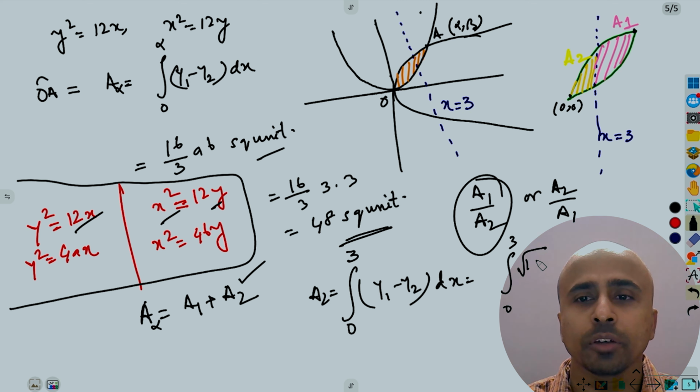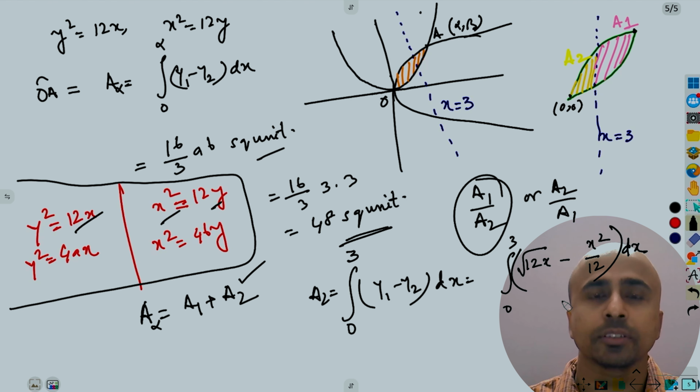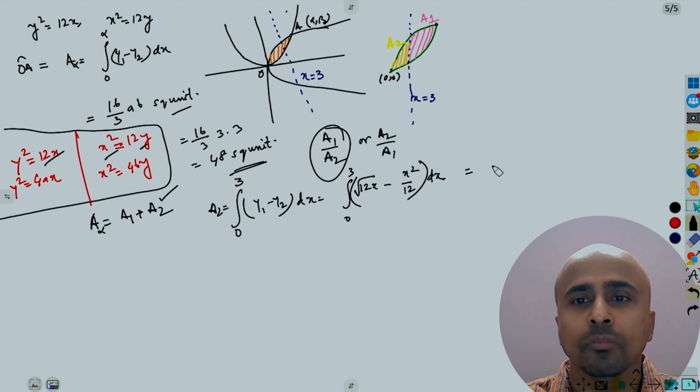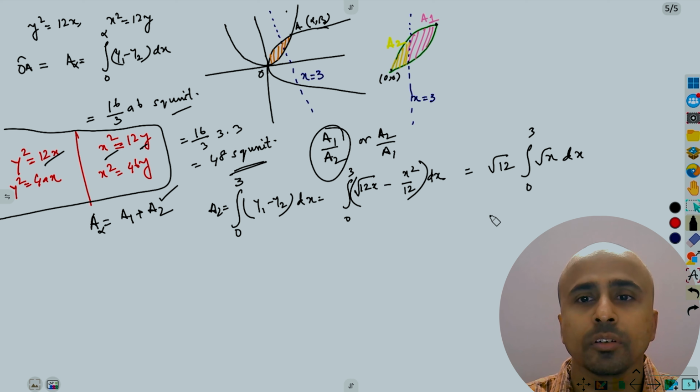So square root of 12x minus x square by 12 dx. Okay, we have to simplify this. This is square root of 12 times the integral from 0 to 3 of square root of x dx, minus 1 by 12 times the integral of x square dx, 0 to 3.